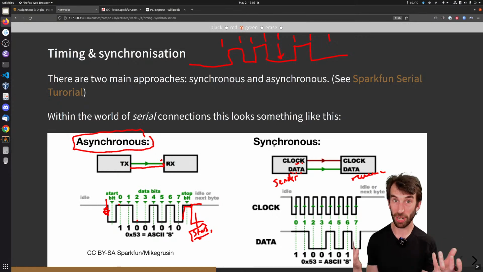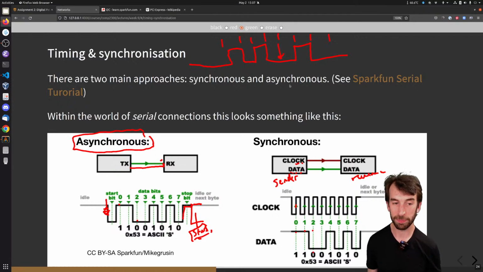So you could have an agreement between them that the receiver will only look to see the data on the data line when there's an upward transition on the clock line. So the upward transition here, the receiver looks and sees there's a 1. Upward transition, receiver looks and sees there's a 1. Upward transition, receiver looks and sees there's 0, etc.